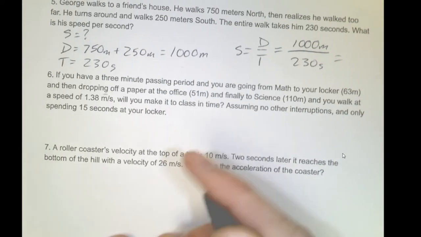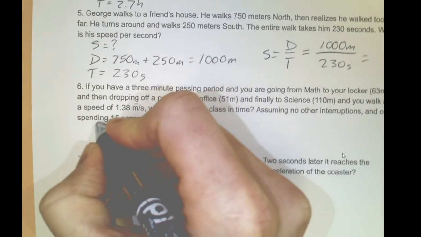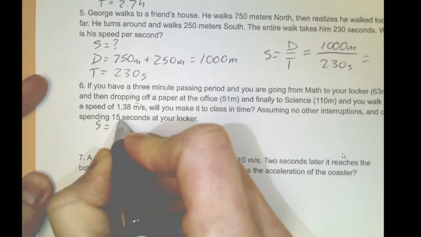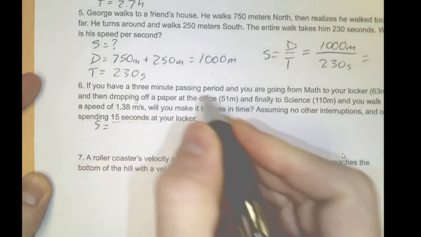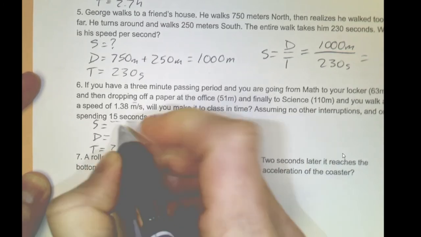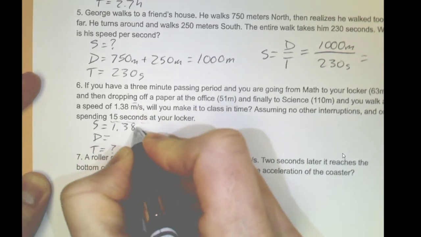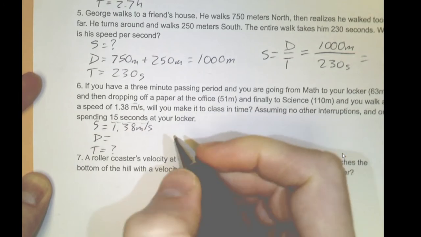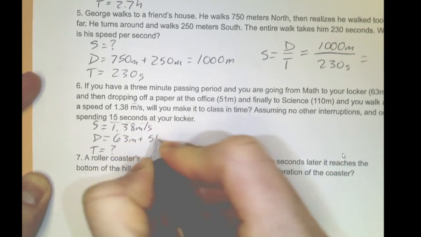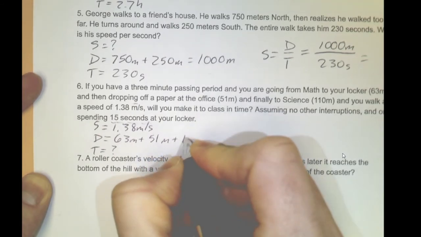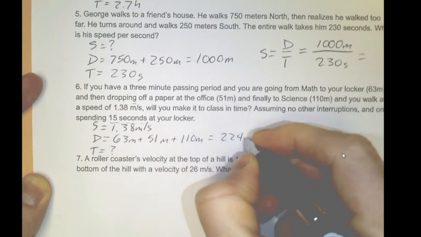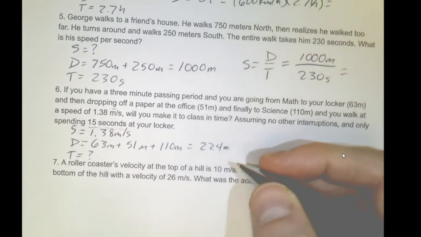Okay, so speed we are given. Students might be confused by the 15 seconds or the 3 minutes, but we are still finding time on this one. Speed is 1.38 meters per second, and our distance is the 63 meters plus the 51 meters plus the 110 meters. So in total, you travel 224 meters.